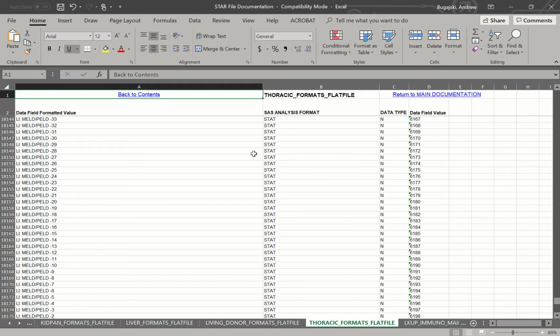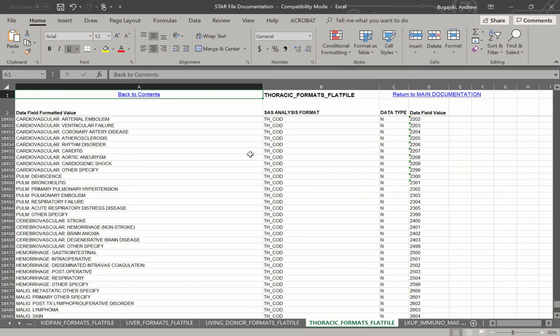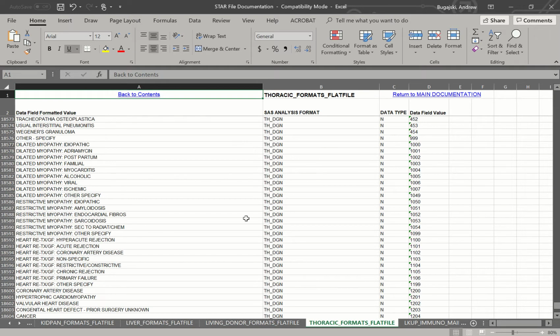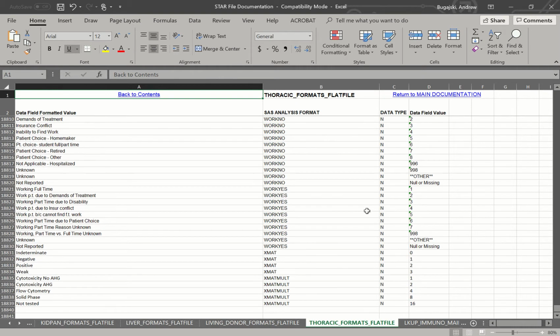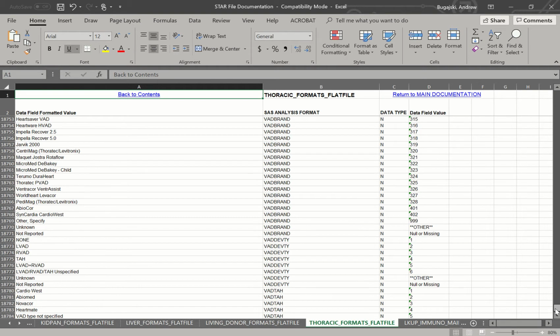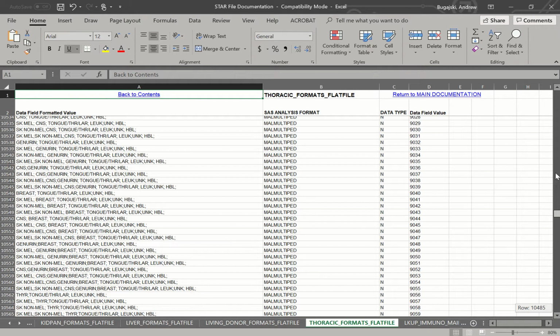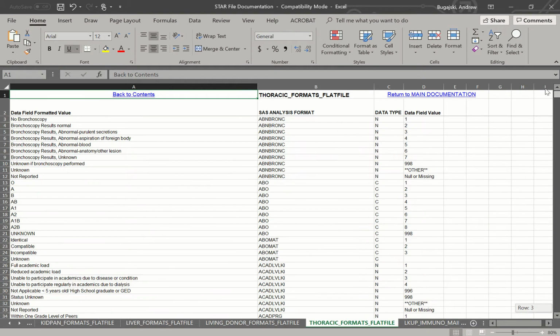So let's see here, status. It's not in our data lookup values that we can see from our eyeballs. So maybe we do a control find.